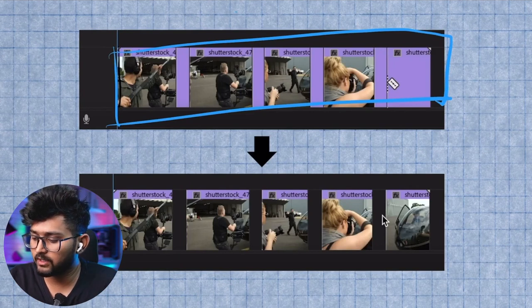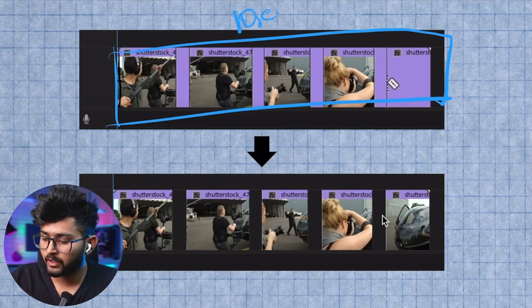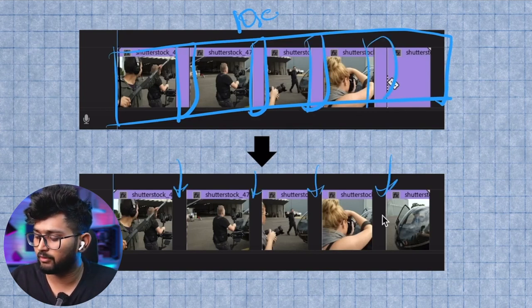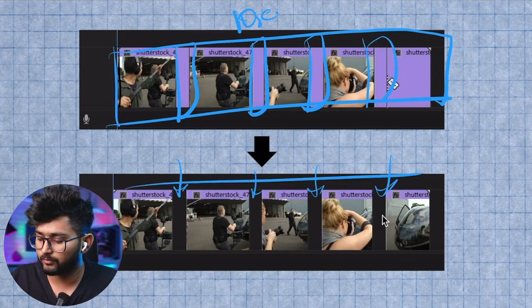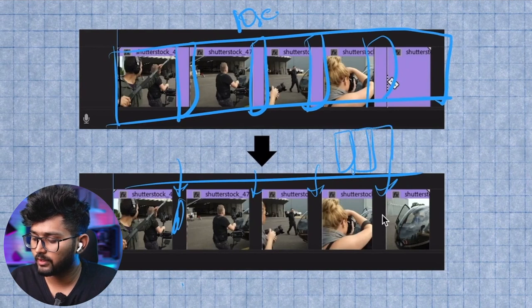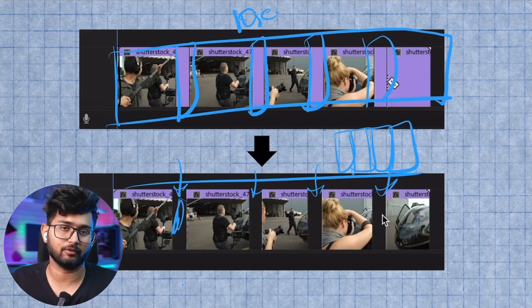If this is 10 seconds or so, you take out the middle parts, and then you have gaps in between these scenes. You remove the gaps, and you get a final scene of them shooting this entire video in a lesser duration of time.